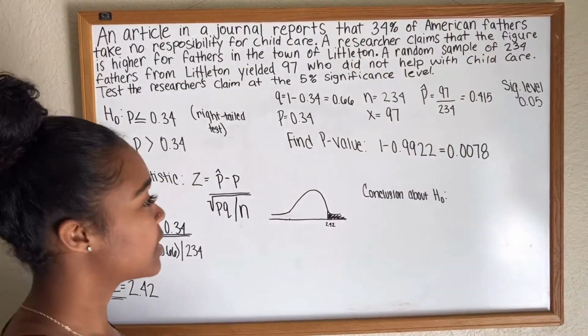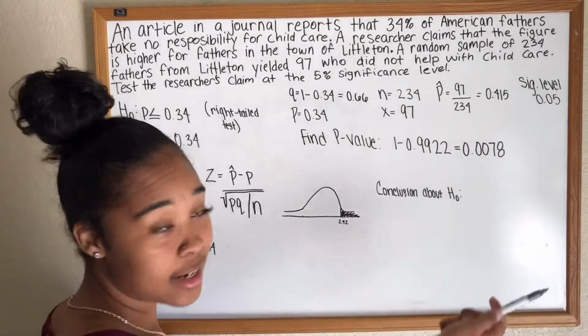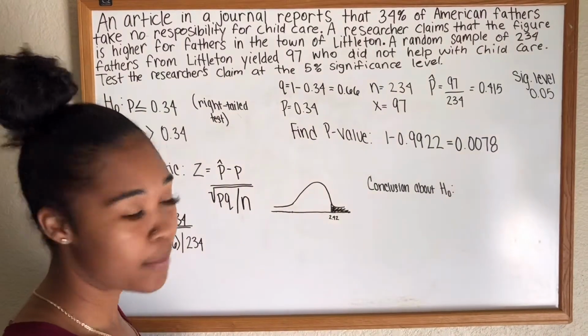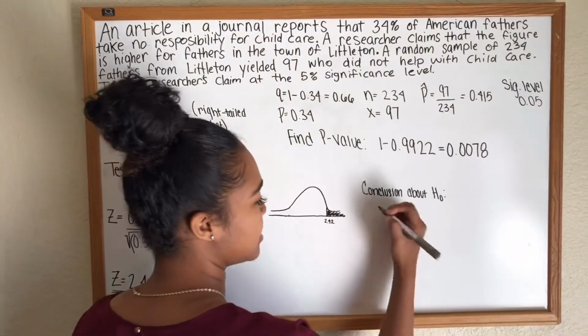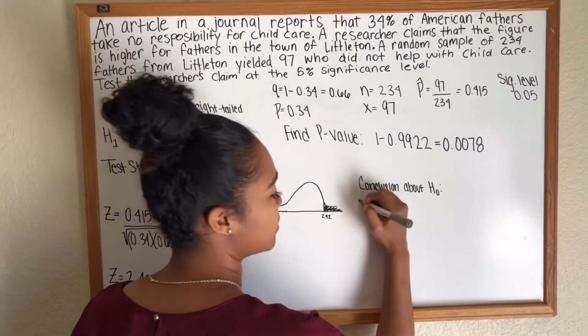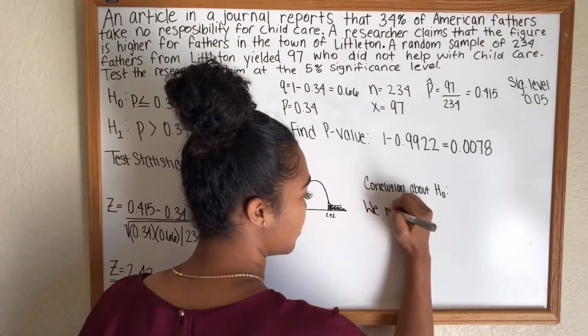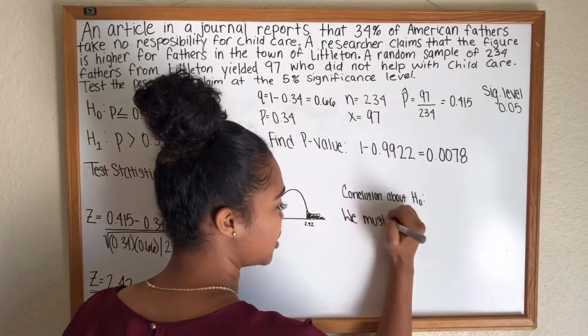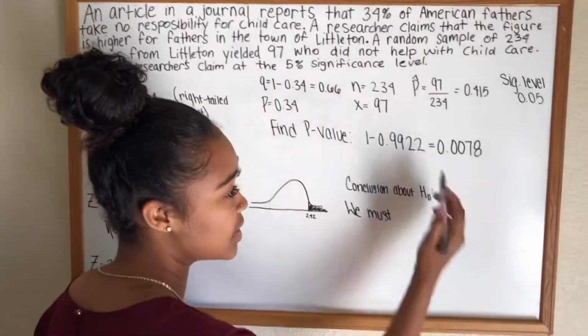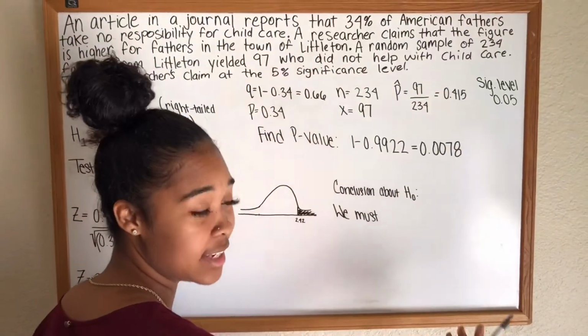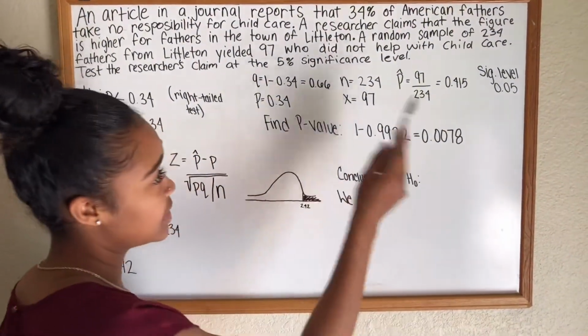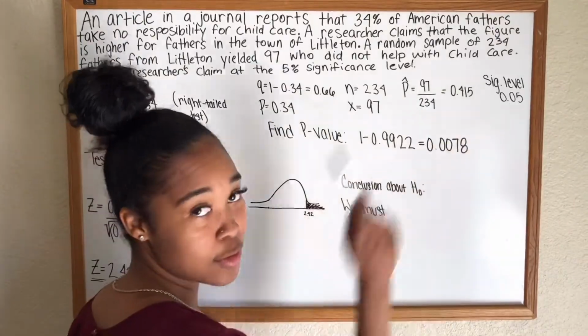And now that we have all of our data to conclude about the null hypothesis, we can see that we must reject the null hypothesis because 0.0078 is less than our significance level of 0.05.